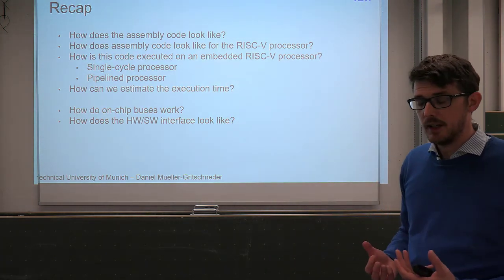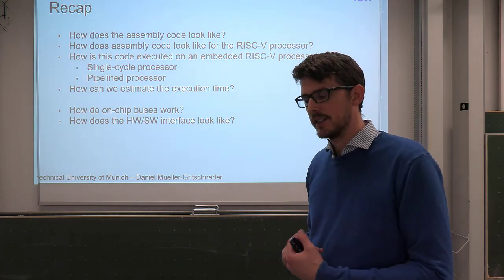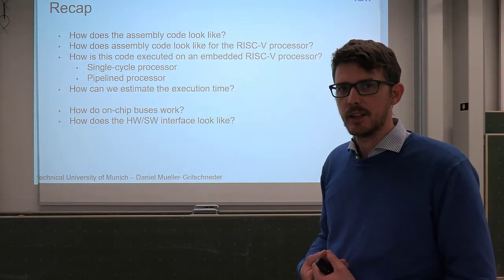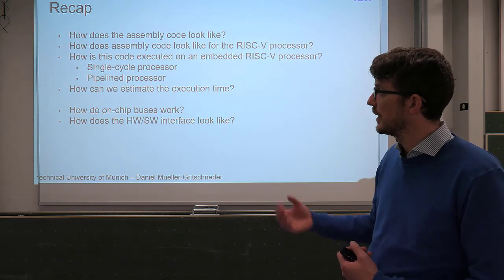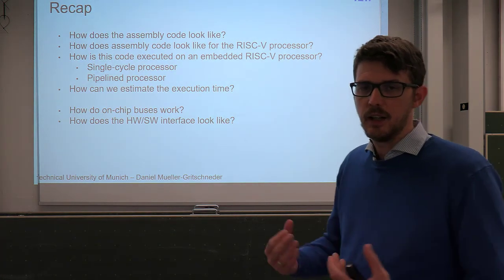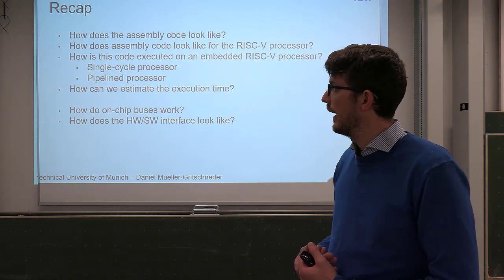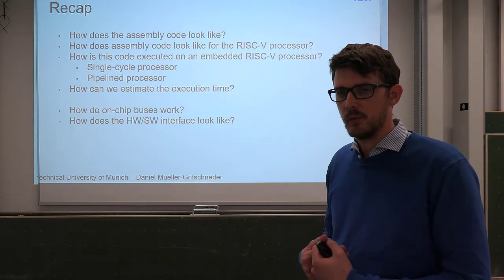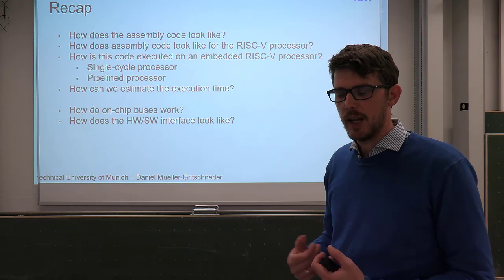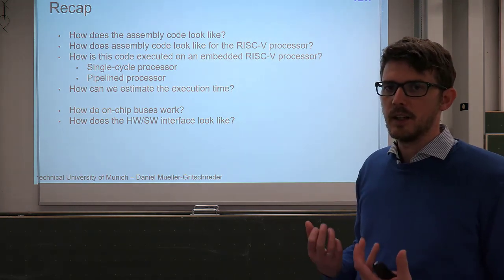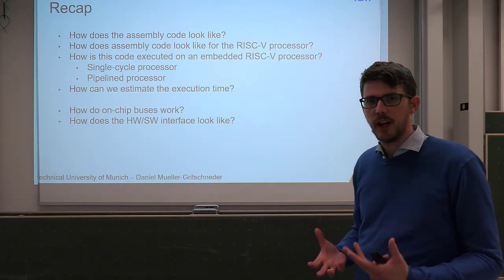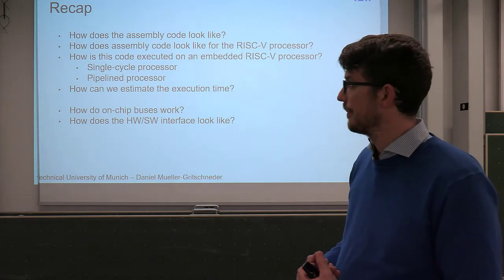And then we have seen, okay, if we have this assembly code, how does this get executed on a processor? We looked into a single cycle processor to get the idea what are the different stages the instruction is going through. And then we said, okay, this is not what we find in industry. There we actually find processor pipelines. We looked at how a standard 5-stage RISC pipeline looks like.